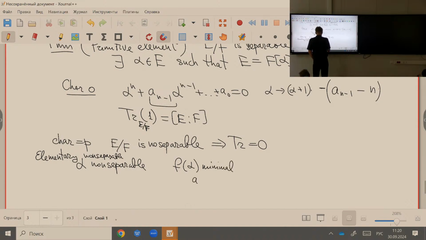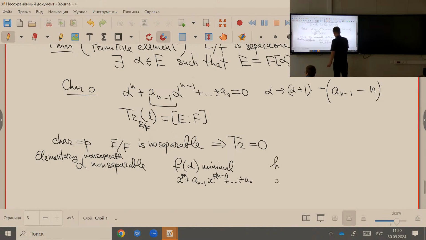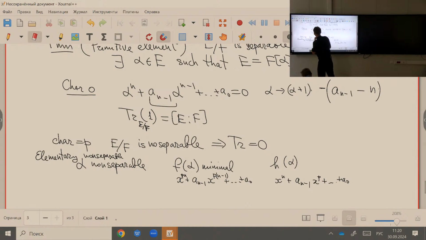But we can reduce it to another polynomial h of lower degree, such that f is just h of x to the power p.